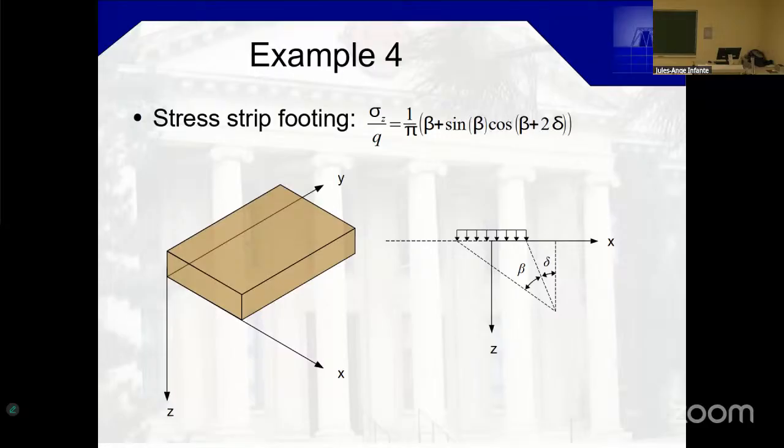And the beta will be, basically, the tangent of beta will be, I think we said it was 2 meters wide, 1 meter divided by the depth. That gives us our angle beta. We'll use a delta of 0. We'll use twice the influence value basically.